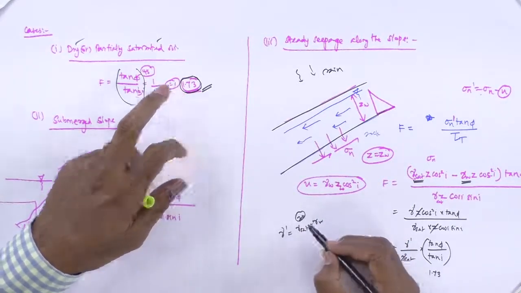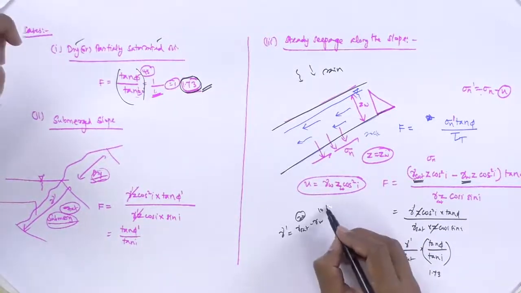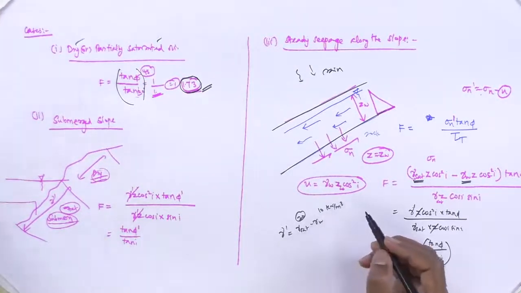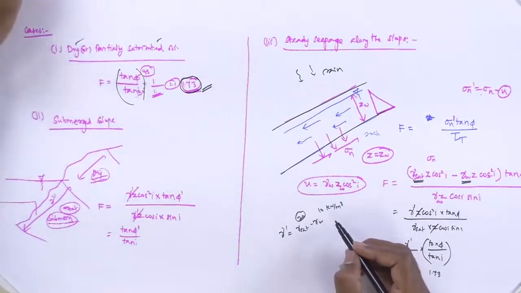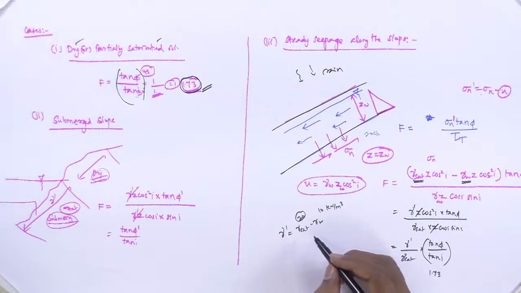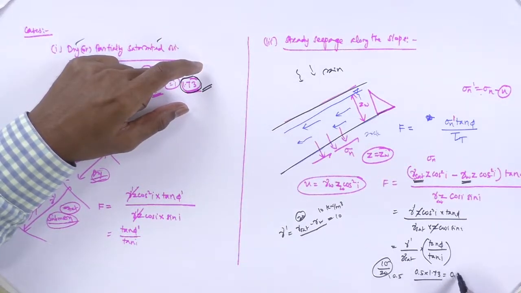Usually gamma sat is about 20 kilonewton and gamma w about 10 kilonewton per meter cube. So this is gamma dash value, is going to be 10. So this is 10 divided by gamma sat, which is 20, so it is about 0.5. So this 0.5 into 1.73 is going to be 0.867 like this.